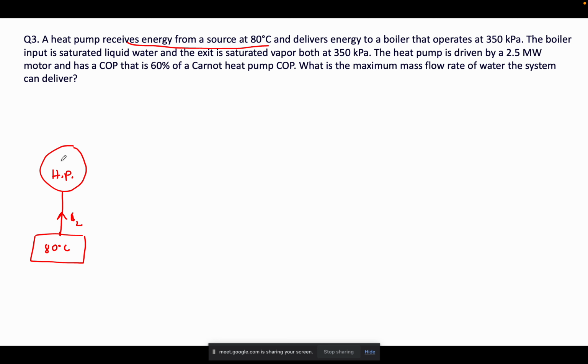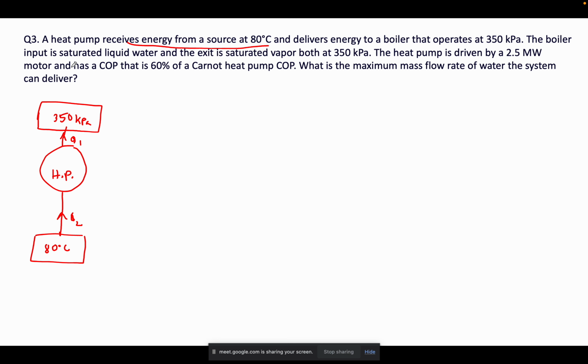Then it delivers energy to a reservoir, and this reservoir is now a boiler. And this boiler is at 350 kilopascal, and say it delivers energy Q1.